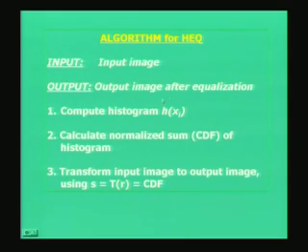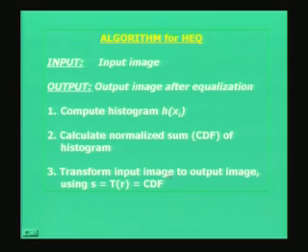Of course, the first task is to compute the histogram H(x_i) of the input image itself. Then calculate the normalized sum of the histogram, also called the CDF, given by the formula earlier, and that computed CDF is nothing but your transformation function S equal to T(R).